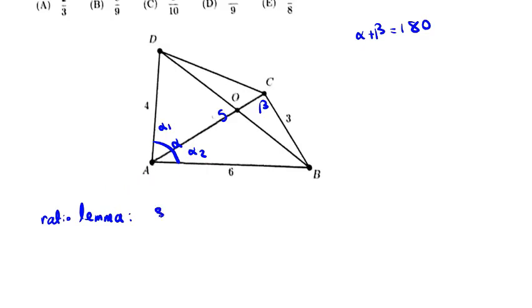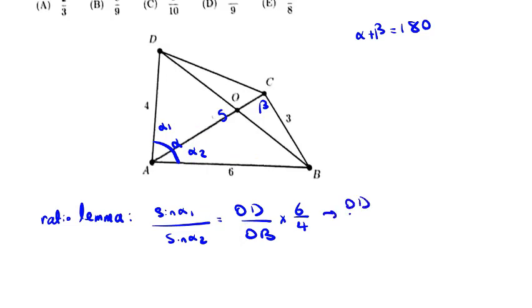Okay, so sine alpha 1 over sine alpha 2 equals OD over OB times 6 over 4. So let me find OD over OB. If we divide both numerator and denominator by 2, it will be 3 over 2.